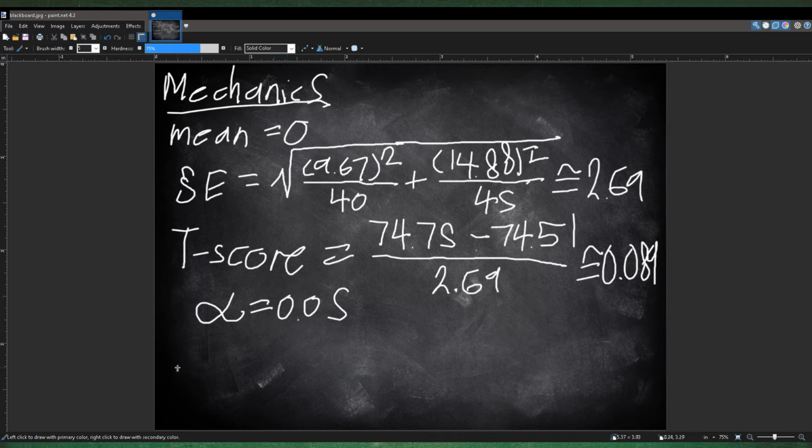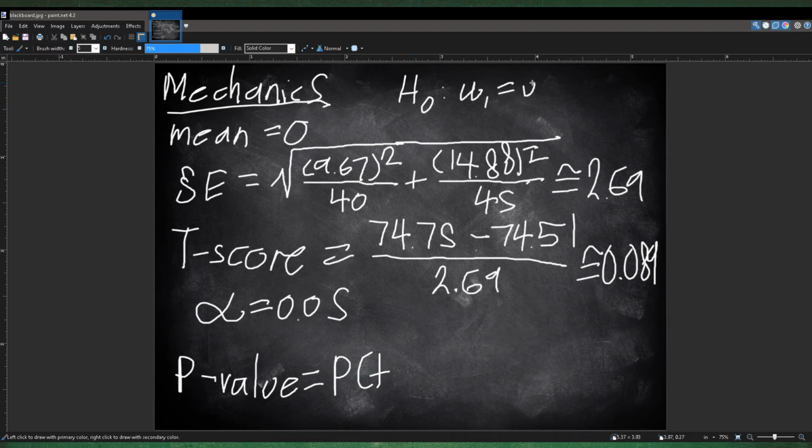So now you basically have to find your p-value. Your p-value would be, you always write this, the probability that the t-score is greater than, well, you set for your null hypothesis, H0, where U1 is equal to U2, mean 1 is equal to mean 2, or the alternative hypothesis.